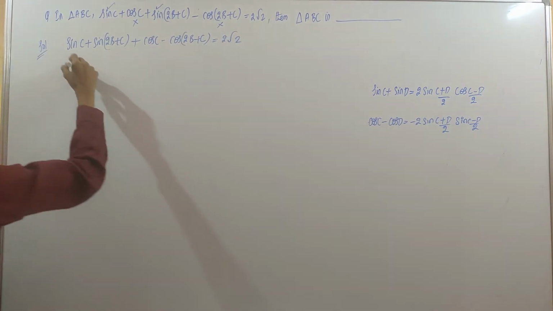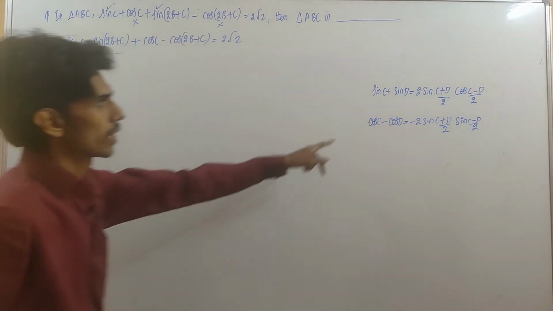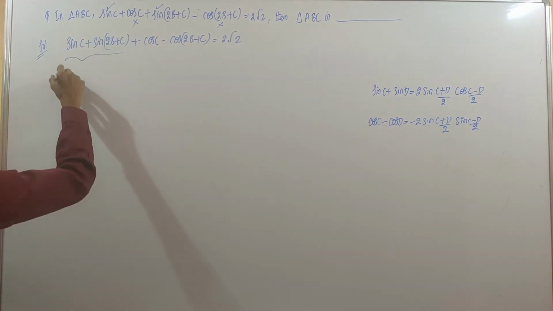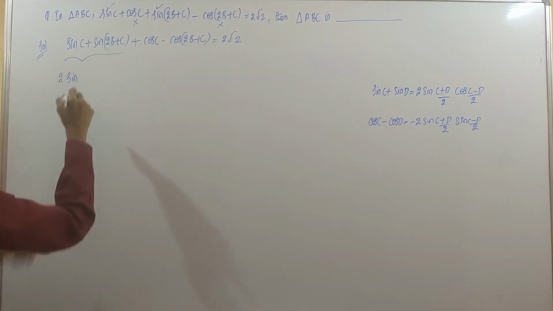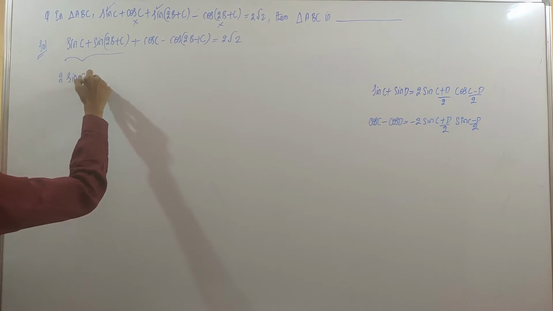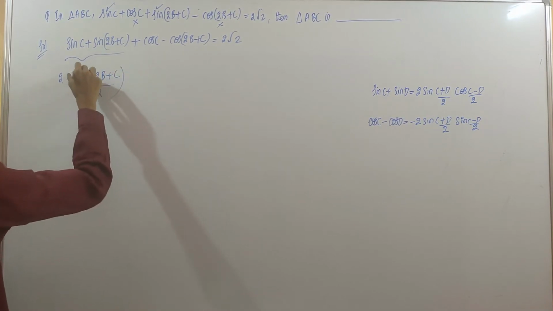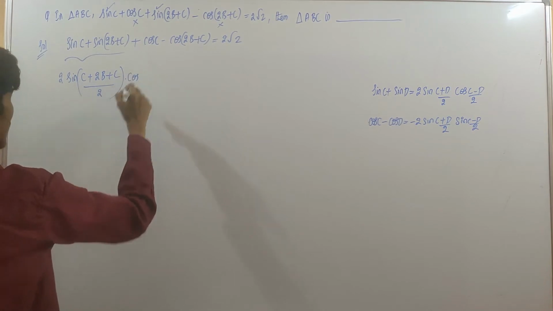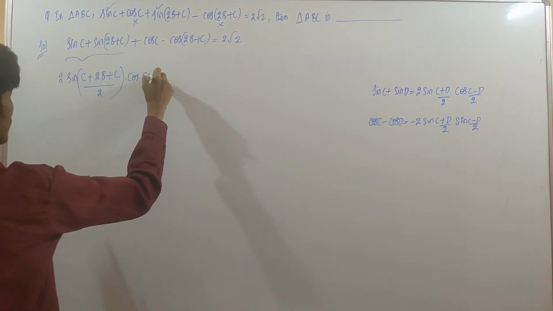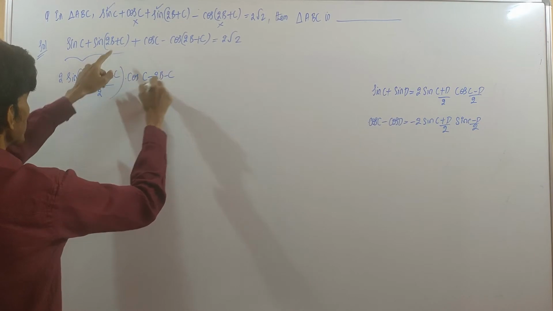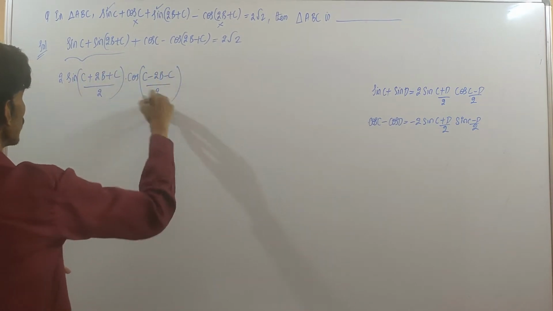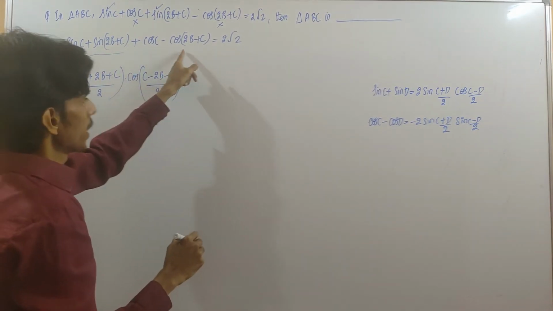Now apply here this formula sin C plus sin D, it will become 2 sin of the sum of these two, (C plus 2B plus C) by 2, into cos of the difference of these two, (C minus (2B plus C)) by 2, plus cos C minus cos D formula.